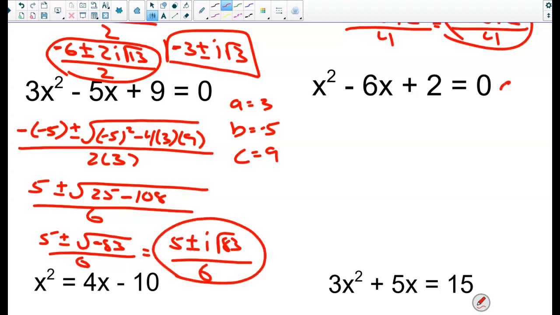Next one. A equals 1, B equals negative 6, C equals 2. Okay.